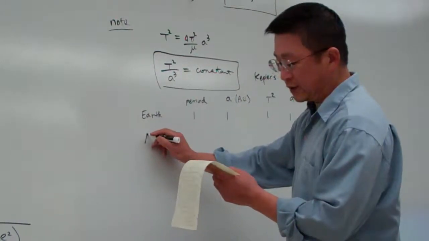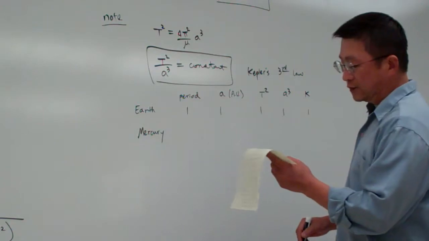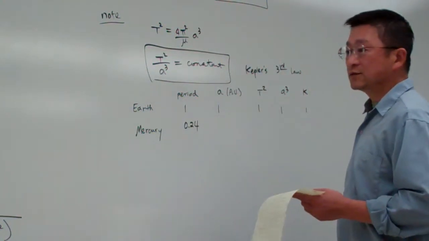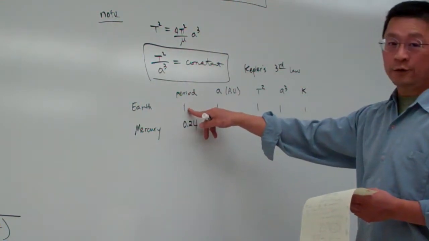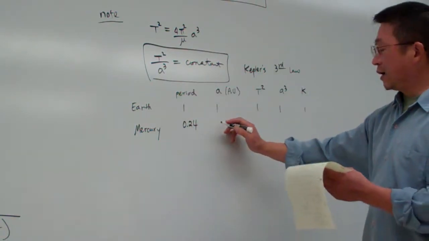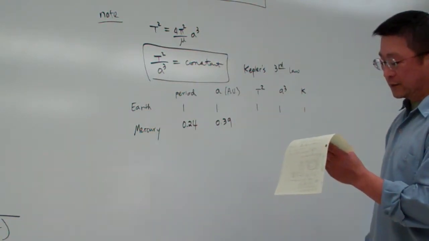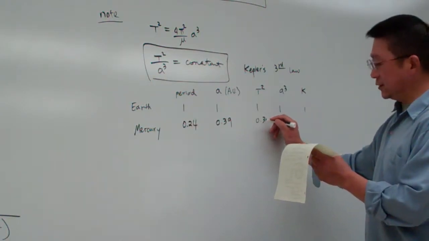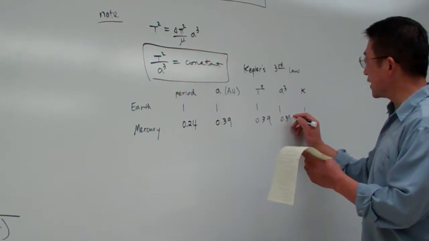And the other example is Mercury. For Mercury, here we listed the time is about 0.24 of the Earth's time, which means 0.24 Earth year. And the distance on average we can measure is 0.39. Okay, and in calculations, this is about 0.39, and this is 0.37.